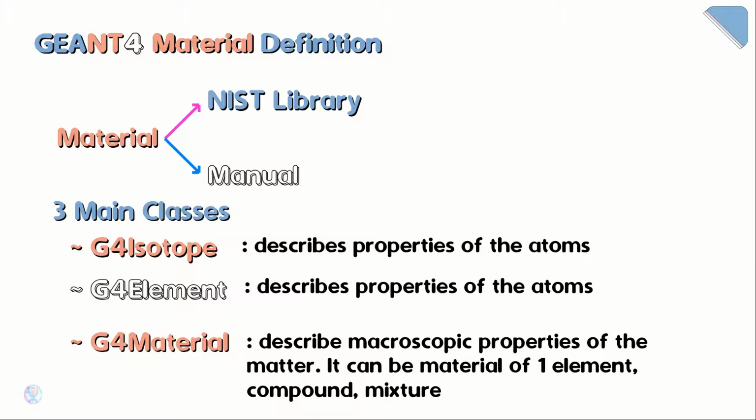Just focus on the Geant4 element, and also the Geant4 material. The Geant4 material describes macroscopic properties, including if you want to define one element to be a material, compound, or mixture. So okay, let's check out how to use these material definitions.